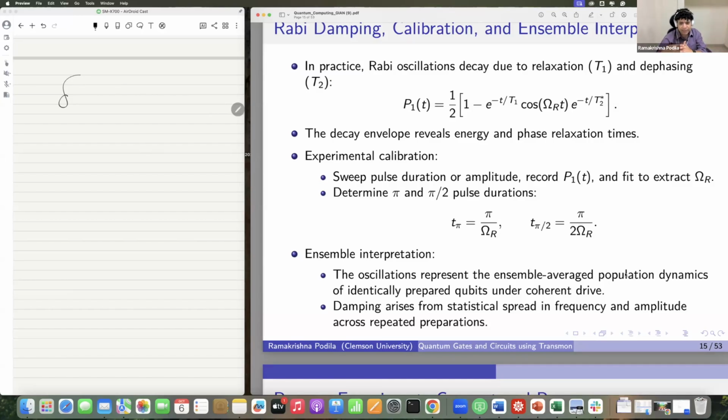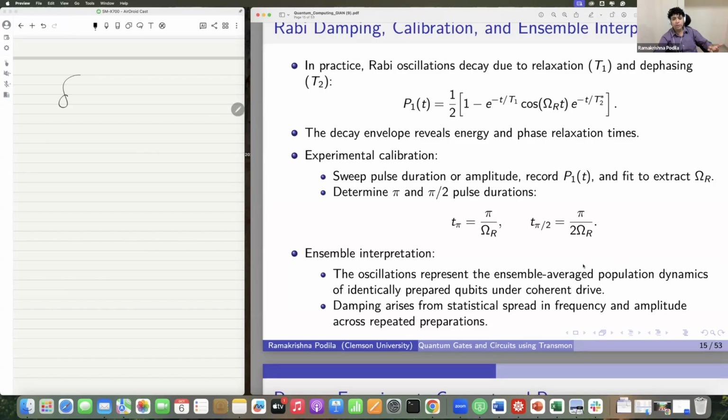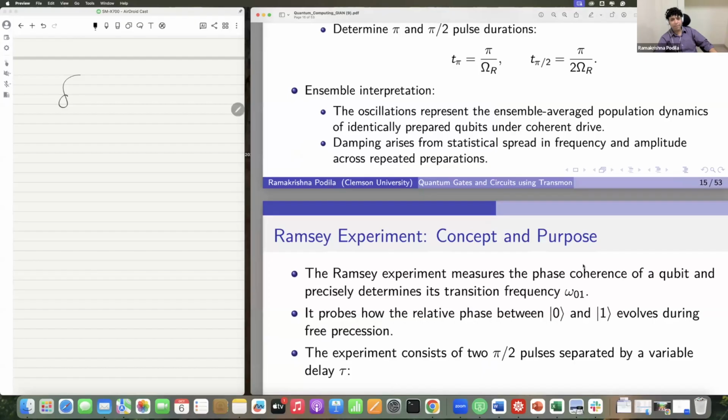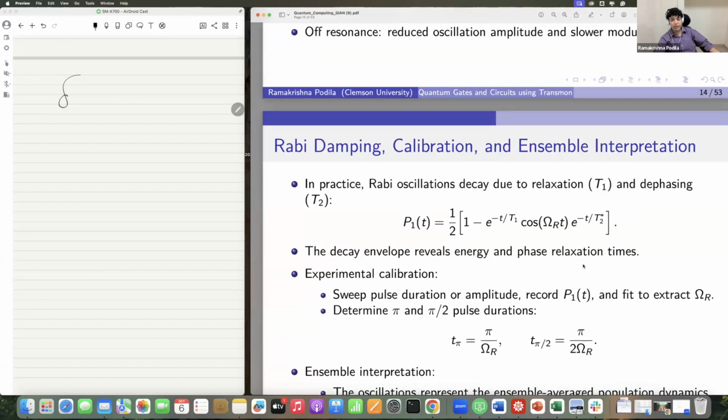This oscillation means that we have identically prepared qubits under a coherent drive, and this damping arises from the statistical spread in frequency across repeated preparations. We are not talking about the state of a single particle, we're rather talking about an ensemble. So that's how we apply a Rabi gate to determine omega 01. This is the first thing you would need to do.